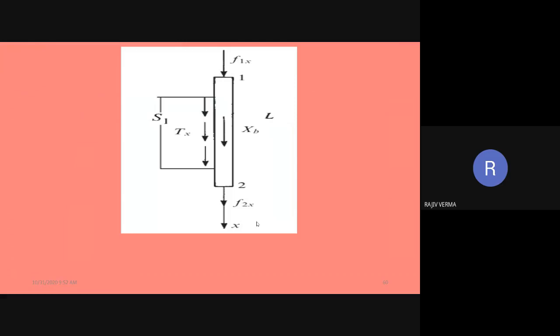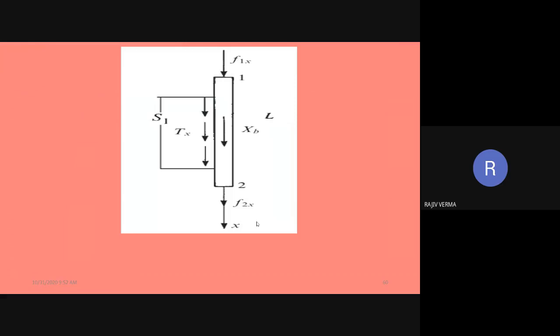There is some force acting on node number 1 and some force acting at node number 2 also. The positive direction of the bar element is from node number 1 to node number 2. Apart from this, there is an unknown displacement at node 1 and node 2. So this is its degree of freedom.